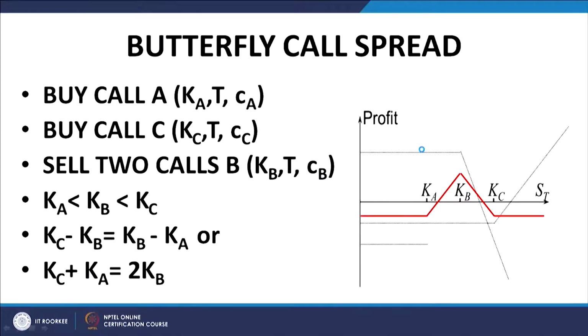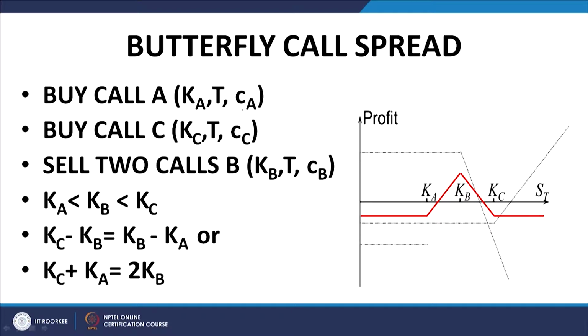This is very interesting. In the case of a butterfly call spread, we have three types of options involved in this strategy. We buy a call A at Ka, maturity T, with a premium Ca. We buy a call C with a strike Kc, and maturity is the same for all the options.